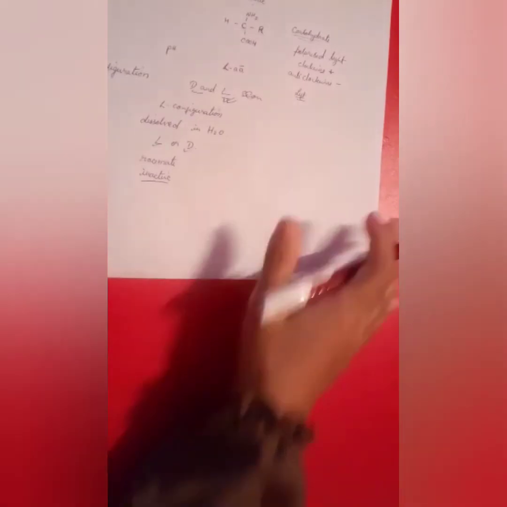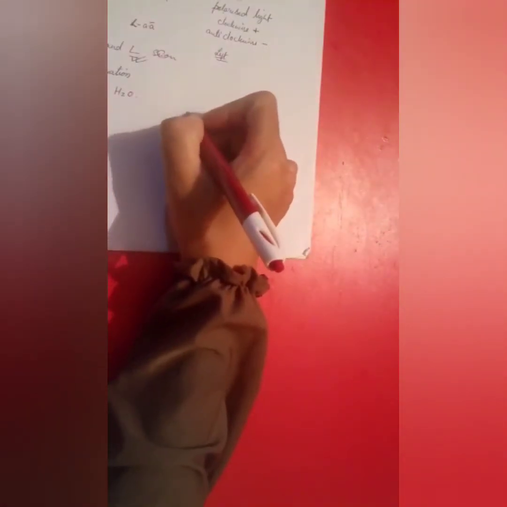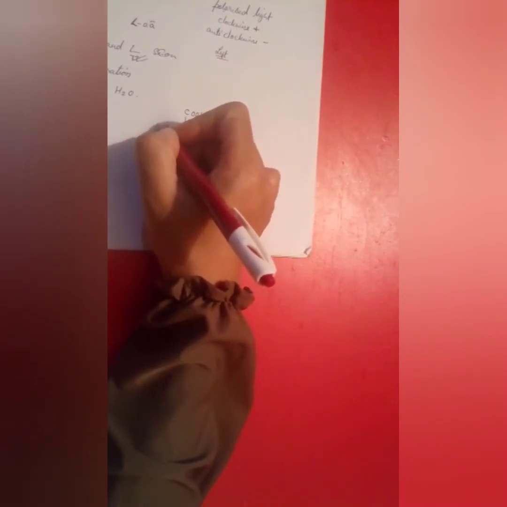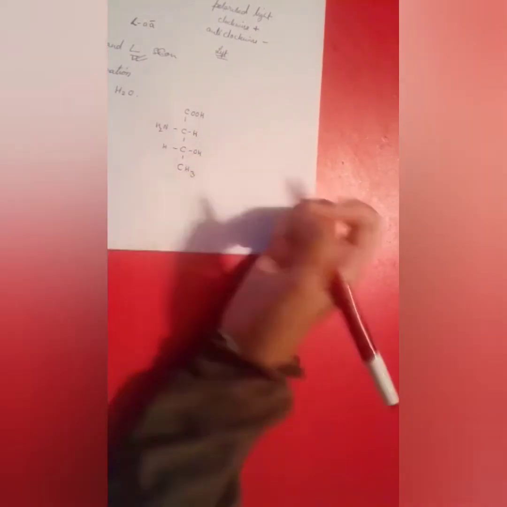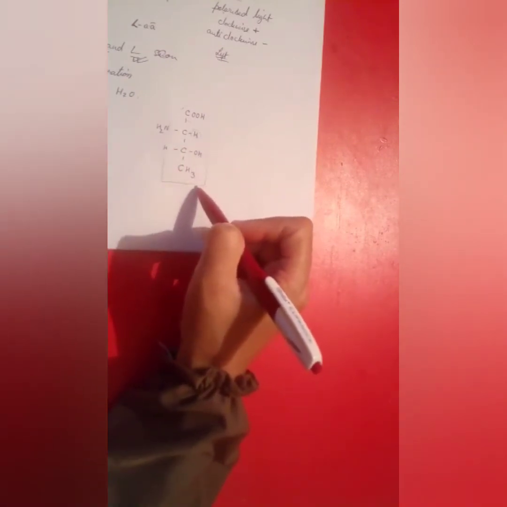Now, an example of the L and D configuration is threonine. This is the structure of threonine. This is the carboxylic group, the hydrogen, the amino group, and this is the side chain or the R group.